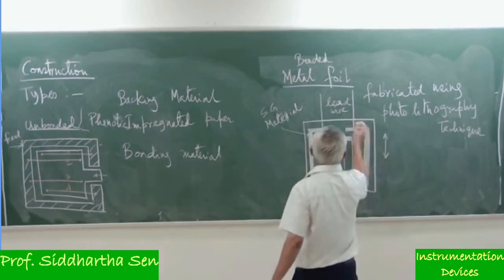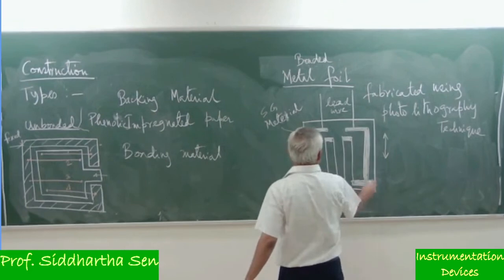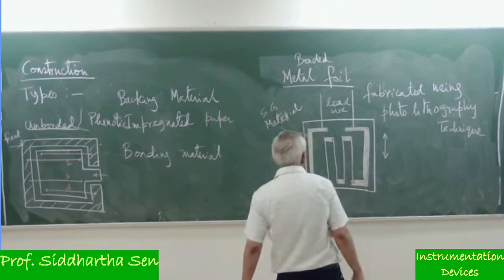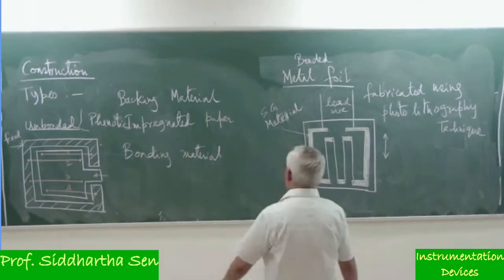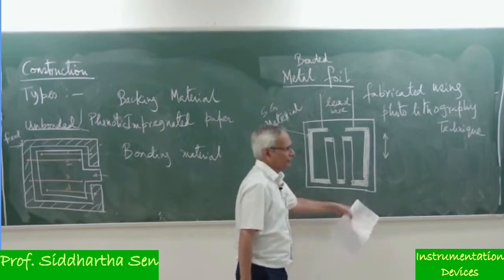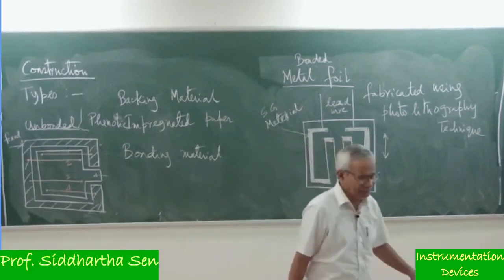And as I have told you, this is a 2 by 2 millimeter type of strain gauge, a typical value, that has to be bonded over the structure, maybe a steel structure, maybe some other structure.